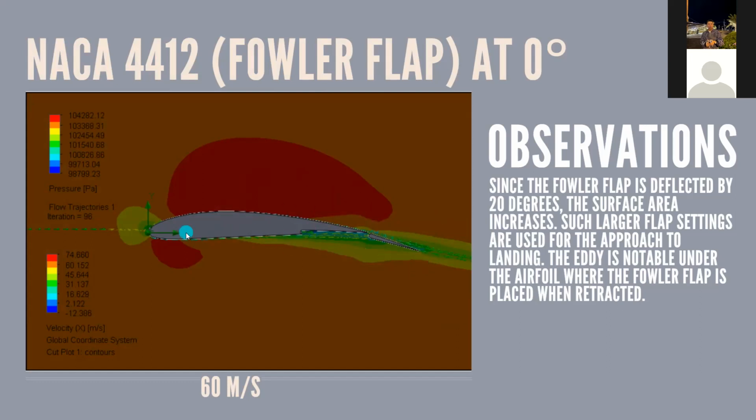So since we're using Fowler flap, na-extend yung ating airfoil, mas lalong lumaki yung surface area ng airfoil natin. So, based po doon, we can conclude na increase po yung ating lift.